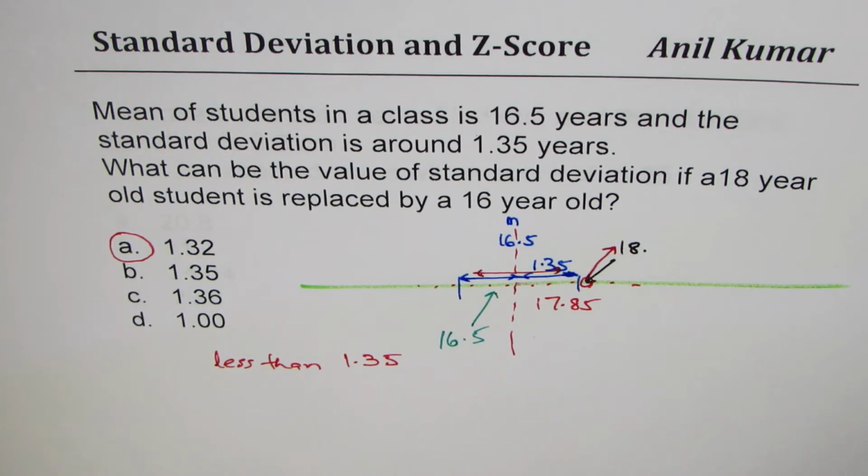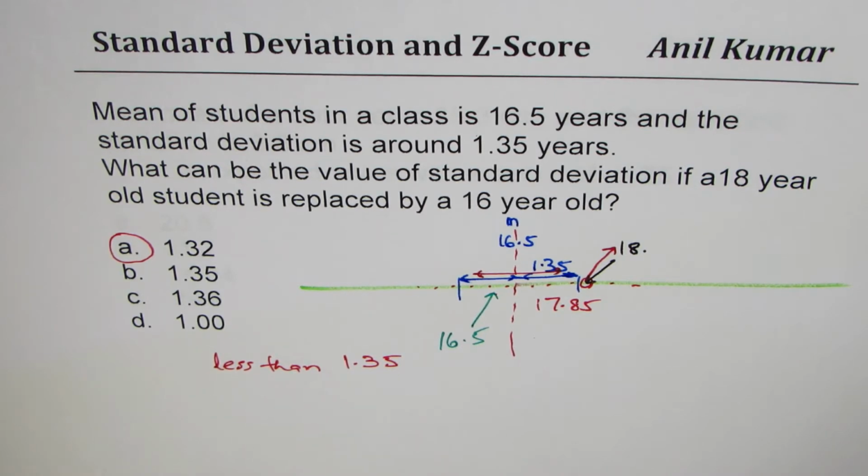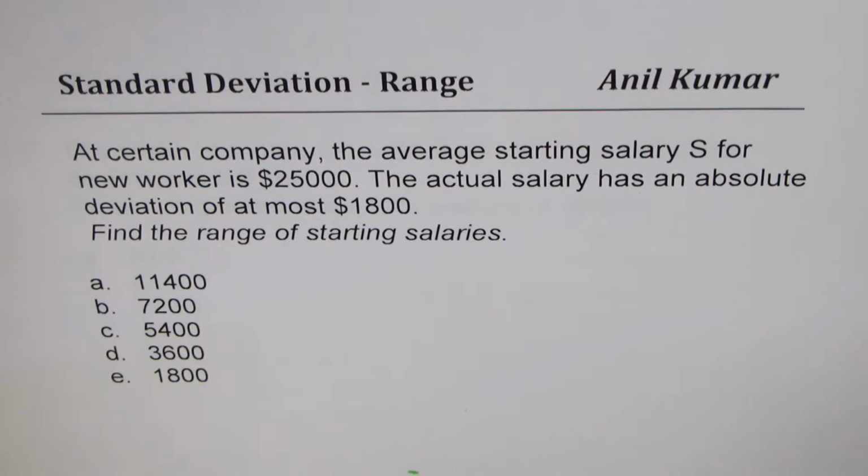We can arrive at that result knowing fully well that the data point is closer now than earlier. So the standard deviation is actually the variation or spread of data from the mean. Now it's more compact as we removed 18, which was away, by 16, which is much closer to the mean. That's the concept. Okay, so let's move on.